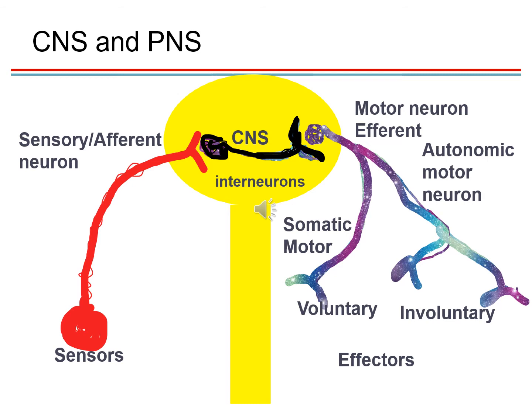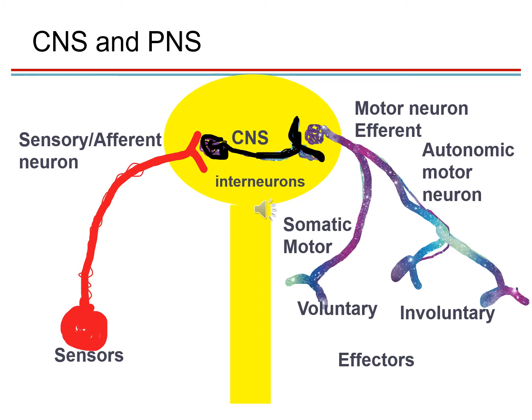That is the function of the sensors, and the sensors pass the information to the sensory neuron. The sensory neuron is also called the afferent neuron, and this afferent or sensory neuron takes that information in the form of an electrical impulse and brings it into the central nervous system.